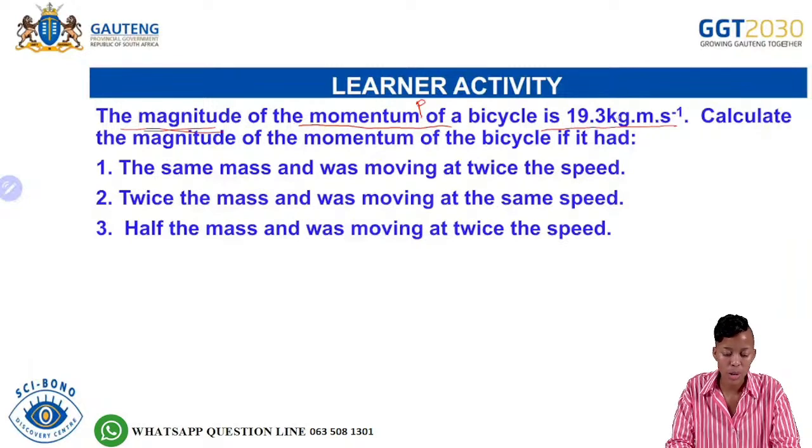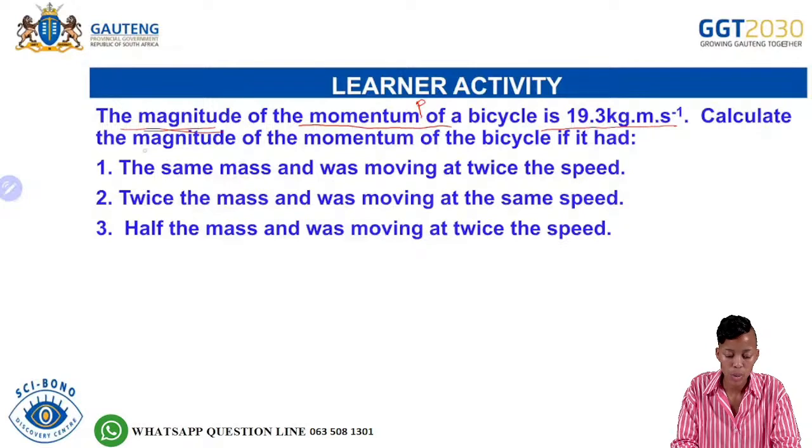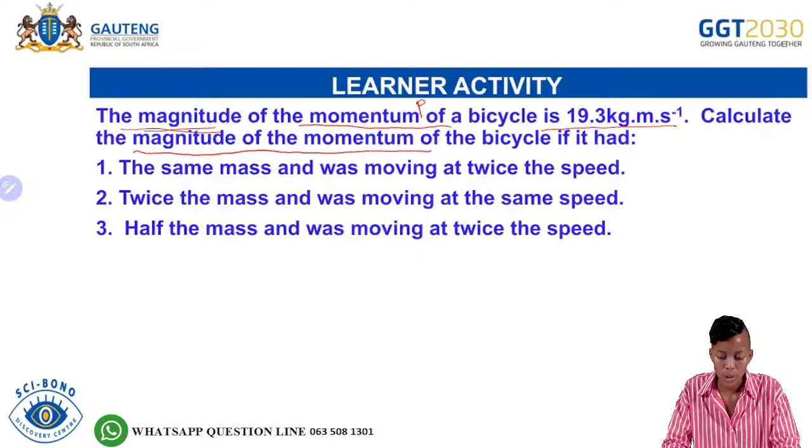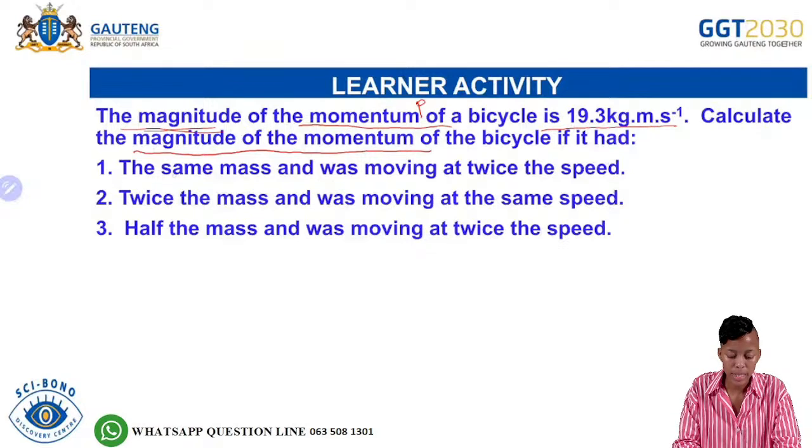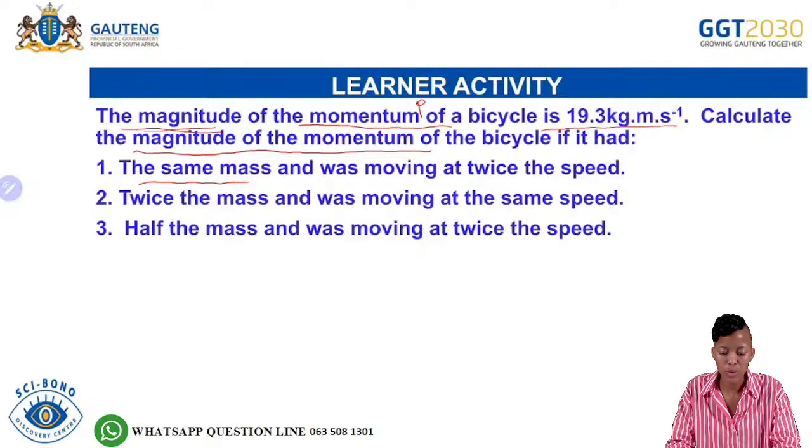Then it says you need to calculate the magnitude of the momentum of the bicycle if it had the following. Number one, if it had the same mass and was moving at twice the speed.